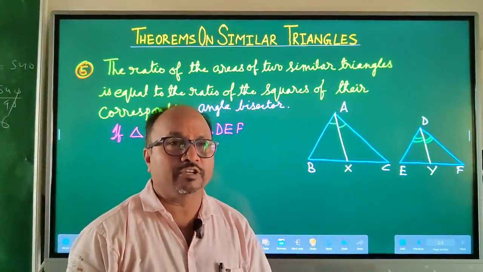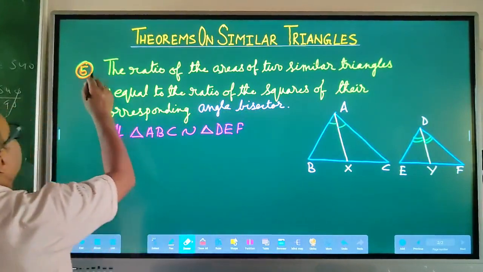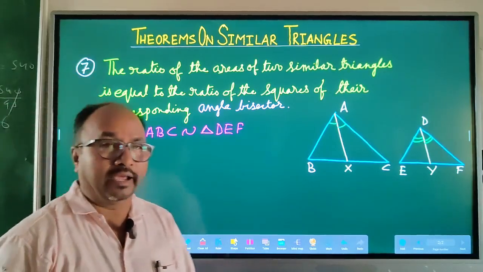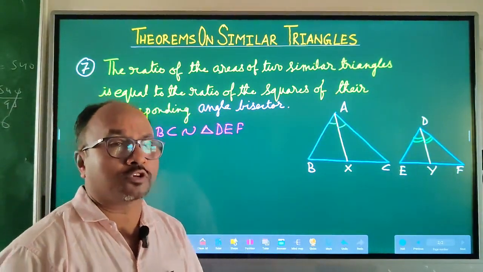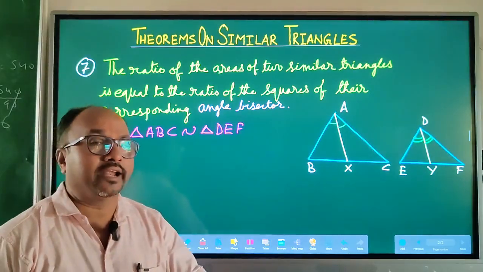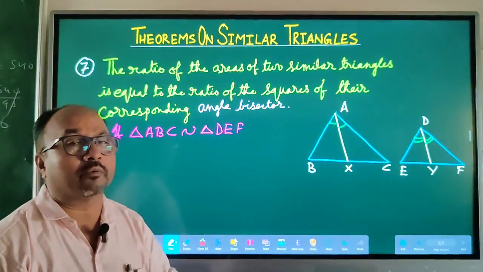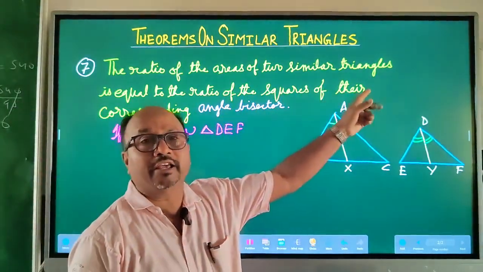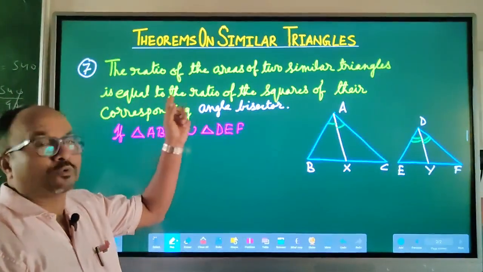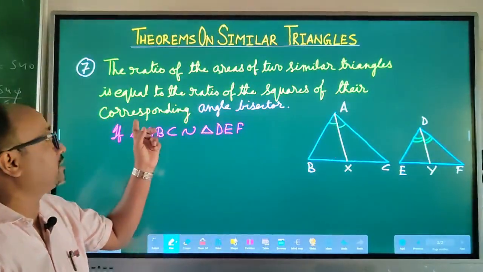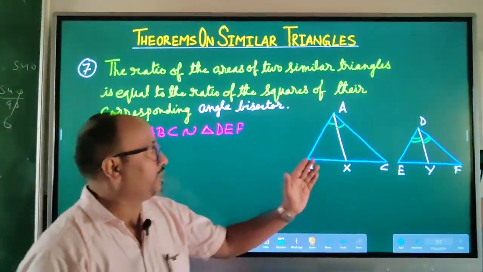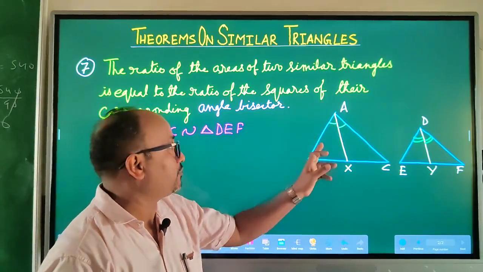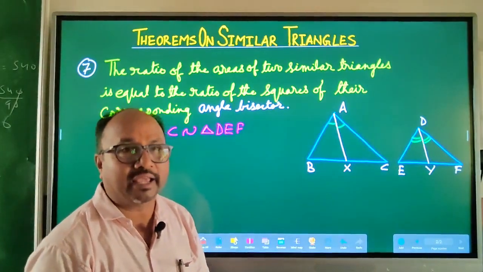The last theorem, which will be theorem number 7. Again, it is based on the previous two types of theorems, which we have already done with medians and altitudes. So now coming to angle bisectors. The statement remains the same. The ratio of the areas of two similar triangles is equal to the ratio of the squares of their corresponding angle bisectors. So in these two similar triangles, AX is bisecting angle A, so angle BAX equals angle CAX.